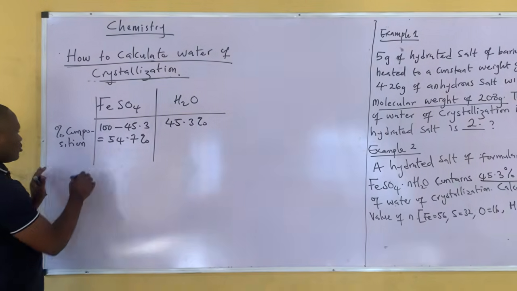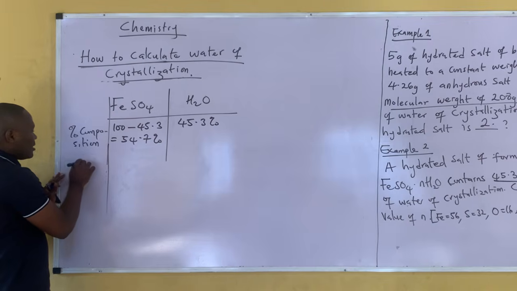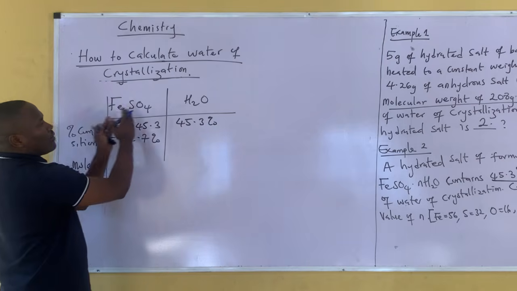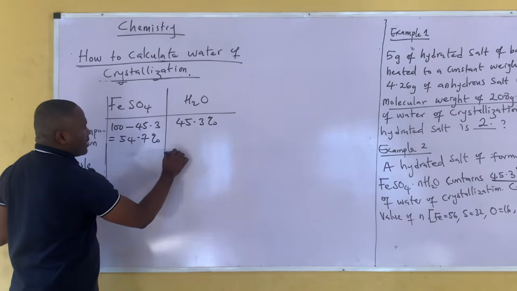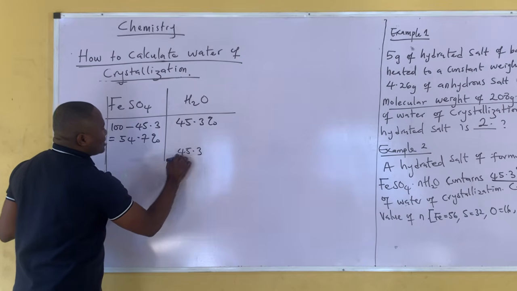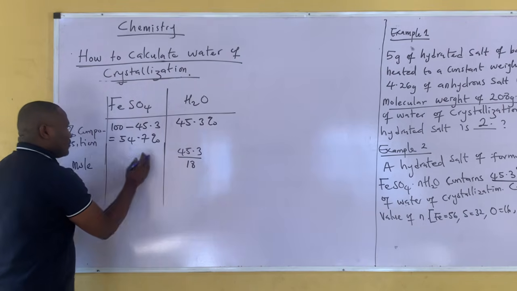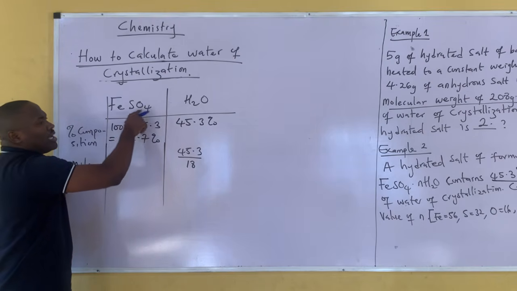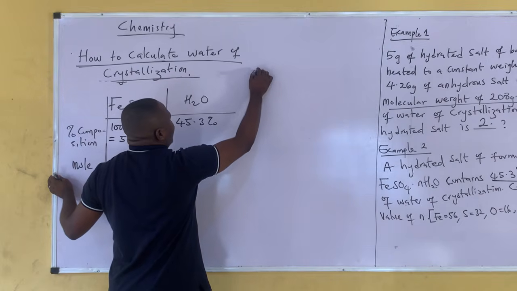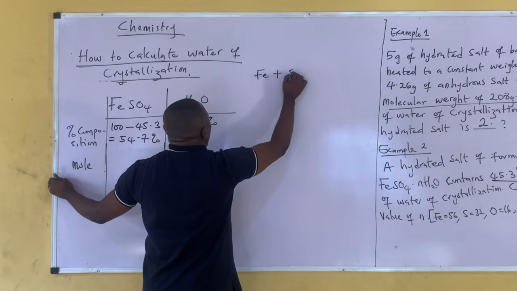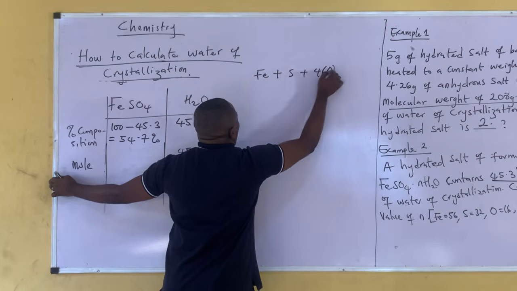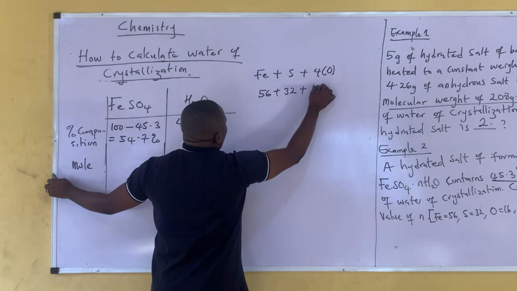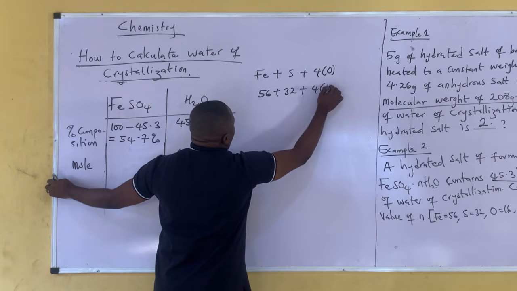What's the next thing I will do? My next step is to find the mole. Mole will now be percentage composition over molar mass. So for this place, I will have 45.3 over 18. What about for this place? I will have Fe plus S plus 4 times O. So it is now 56 plus 32 plus 4 times 16.